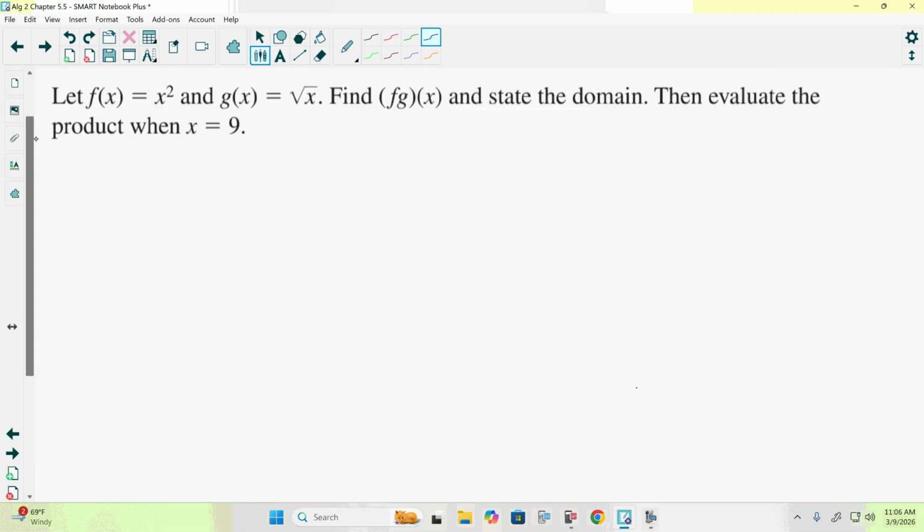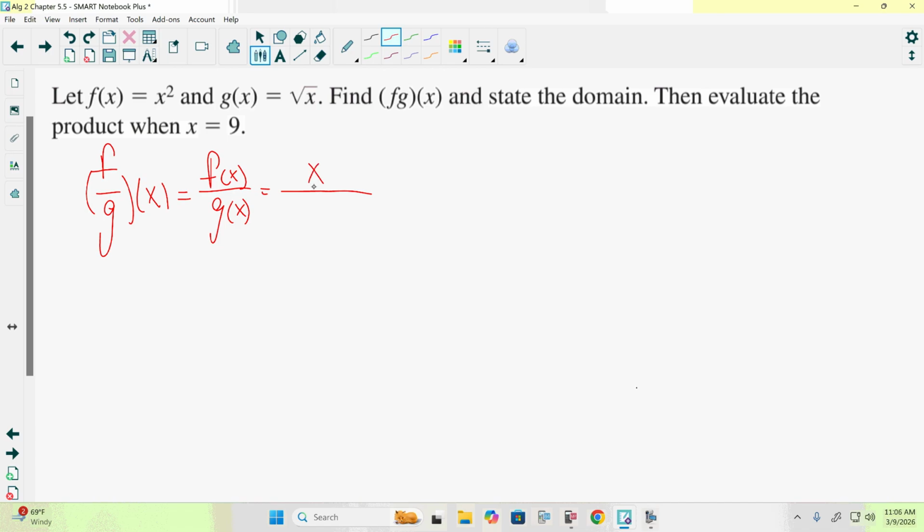You don't have to write this one down, but I do want to show you if it didn't ask us to divide this. So if we did f of x divided by g of x for this one here, because the denominator is going to be a radical, a square root, you can leave it as this here.